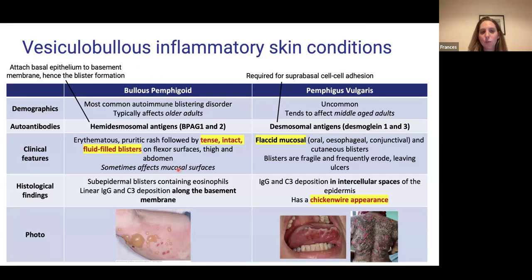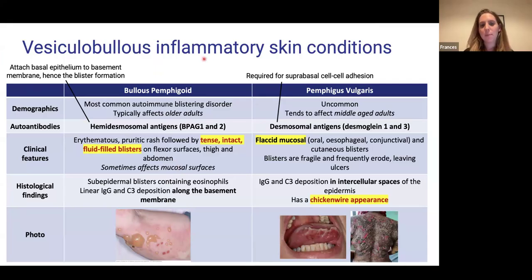So bullous pemphigoid, what I want you to remember is that bullous literally means like a blister, right? So with bullous pemphigoid, you're going to get blisters. You get it in both, but the difference is that with bullous pemphigoid, you get these really tense, intact, fluid-filled blisters. And it's really your most common autoimmune blistering disorder, and it's typically going to be seen in your older adults. You're going to be getting this kind of response to hemidesmosomal antigens.